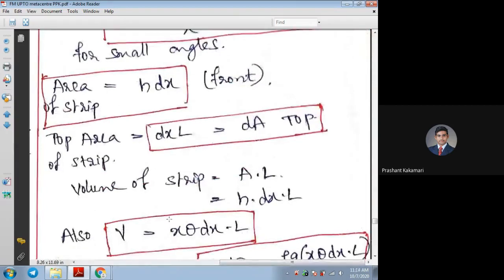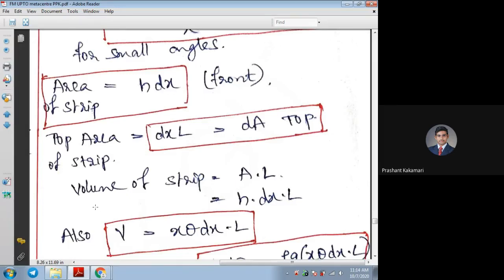Now we can go for the volume. Slowly after volume we are going for the weight, then after weight we are going for the moment about some given distance from the center. Like that we are creating a moment, and for that moment all these details are required. So in this you can see the total volume of the strip.